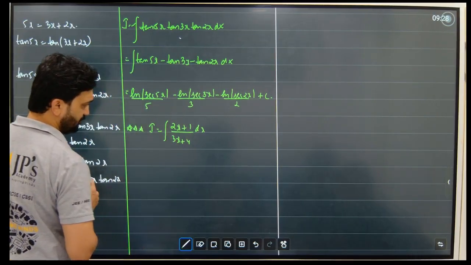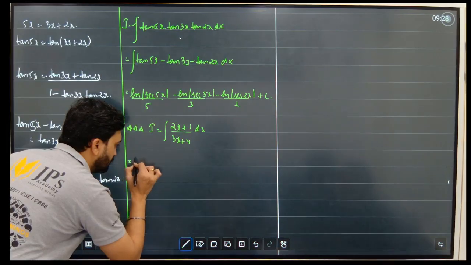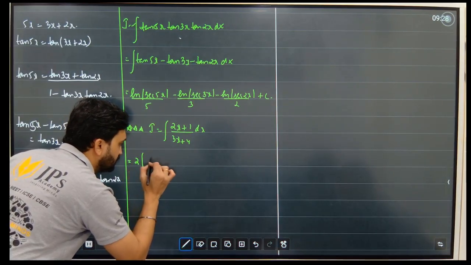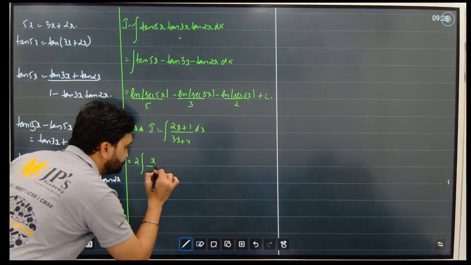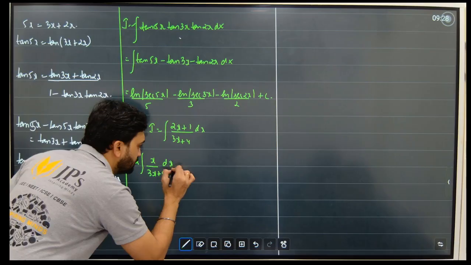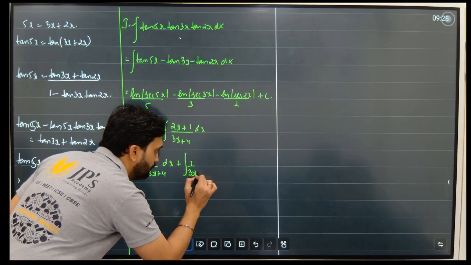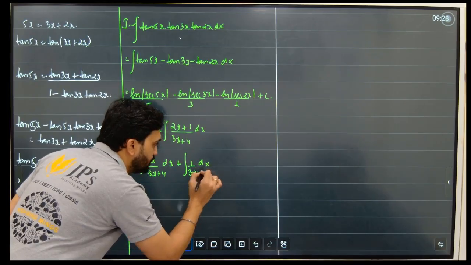Once I start with this sum, first of all when I split it, see this: 2 integration x upon 3x plus 4 dx plus integration 1 upon 3x plus 4 dx.